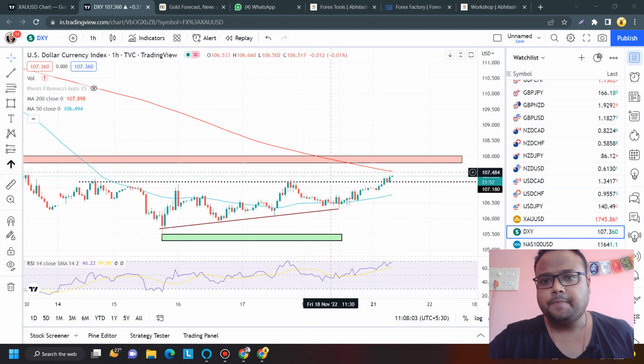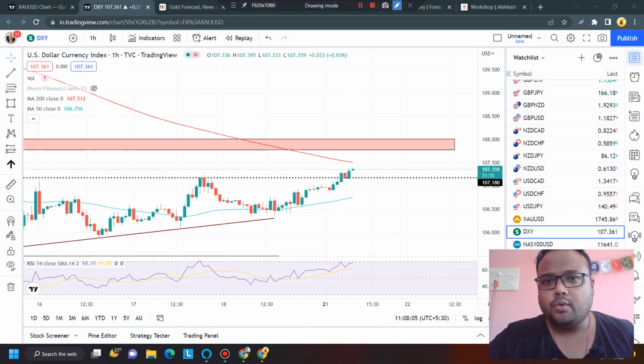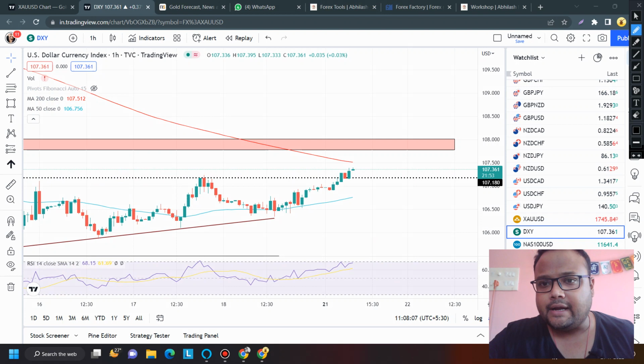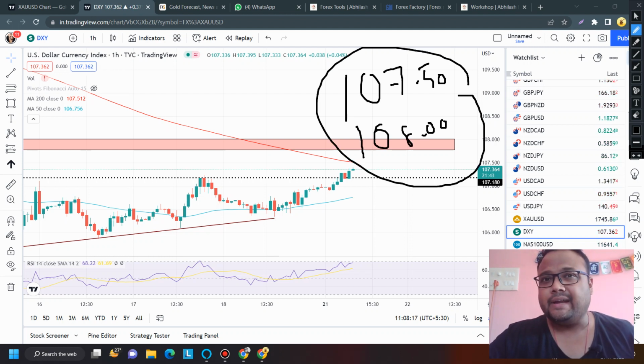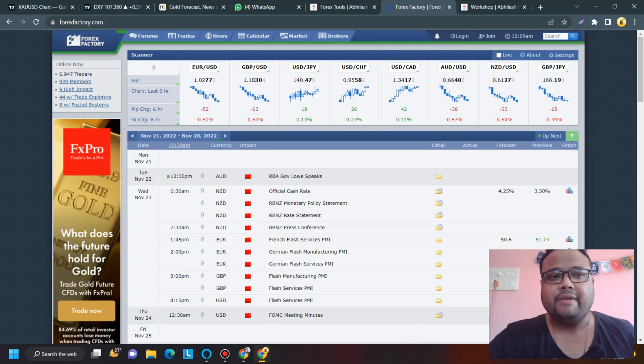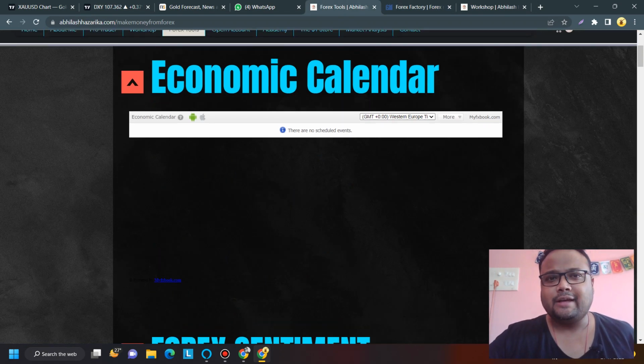First of all, we have the 200 moving average, the red line around 107.50, and if it breaks, then we have the 108 level. So the path for DXY will not be very easy. Let's wait and watch, and most importantly we do not have any events for the day. The market will not have any news that will drive it crazy.